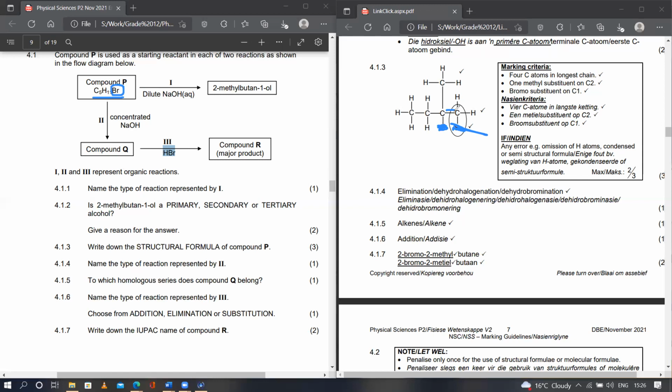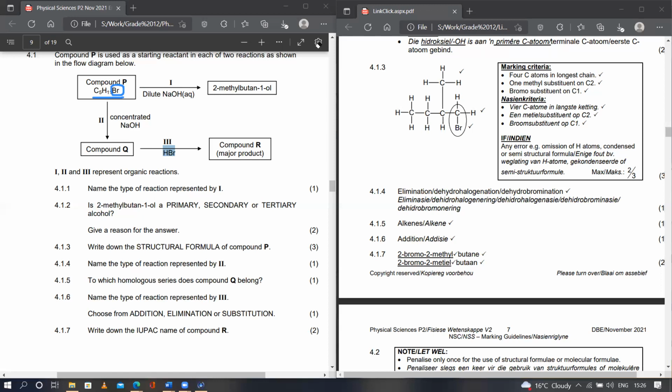And when you react a hydrohalogen with an alkene, this bond is gonna be broken, and basically it's gonna change back into P. That means you added, so it's gonna be an addition reaction now.